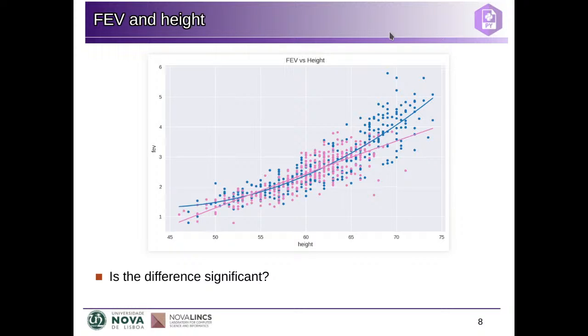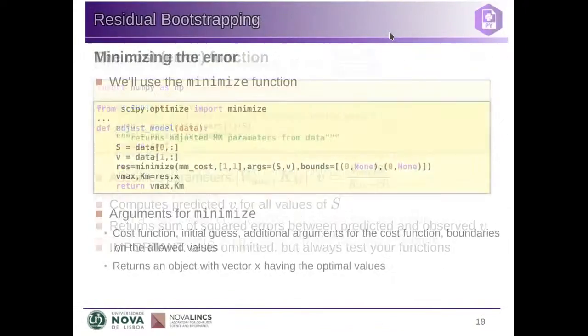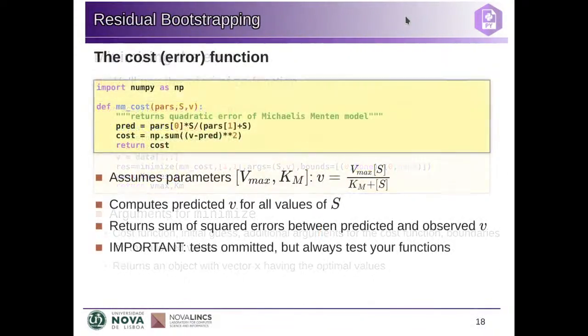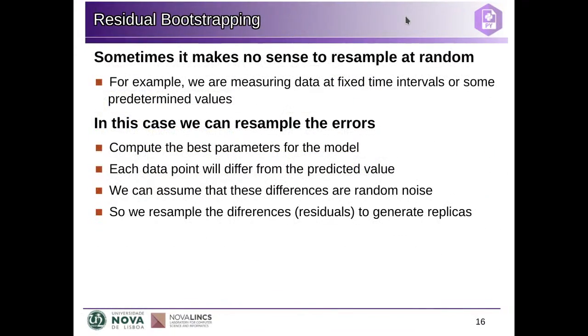This was given to us by nature at random when we sampled those subjects from the whole population. But in a case like this, the actual velocity may be due to some things nature is giving us, but the concentration values, we chose them ourselves. So this is where residual bootstrapping is useful.